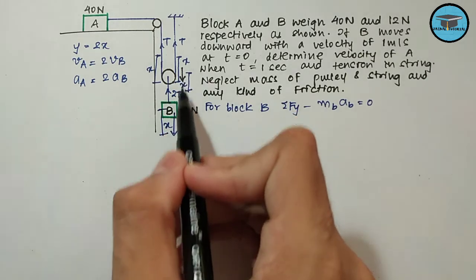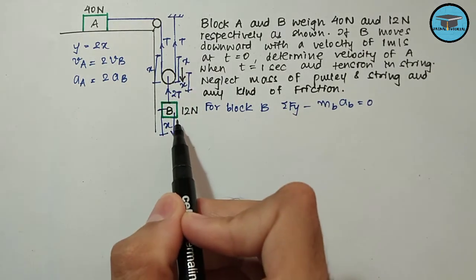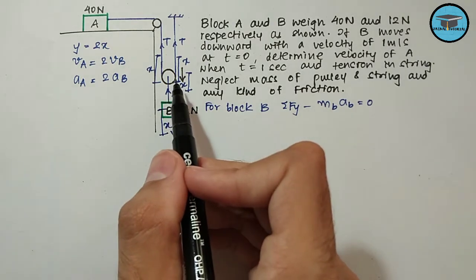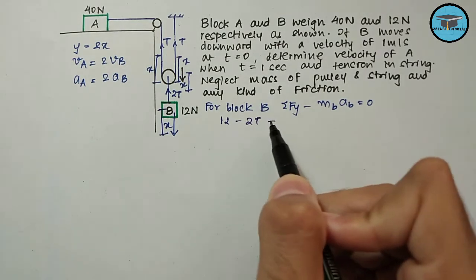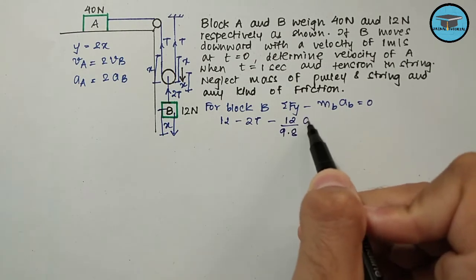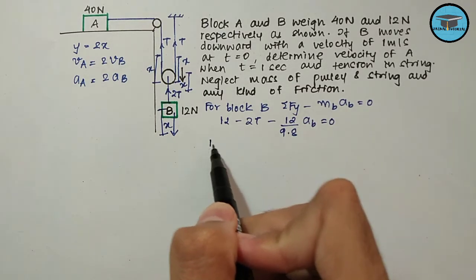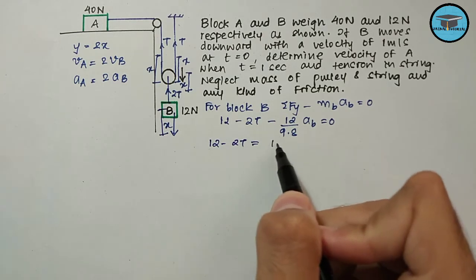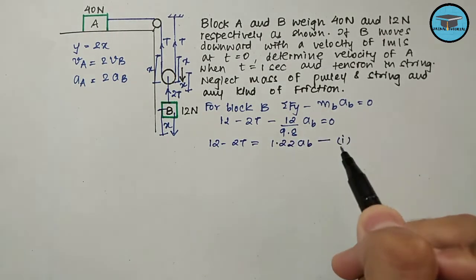Since this block is moving in the downward direction, 12 Newton will be taken as positive and 2T will be taken as negative. So 12 minus 2T minus mass of B, that is 12 divided by 9.8, into acceleration of B equals 0. Further solving, we get 12 minus 2T equals 1.22 into acceleration of B. Let us take this as equation number 1.